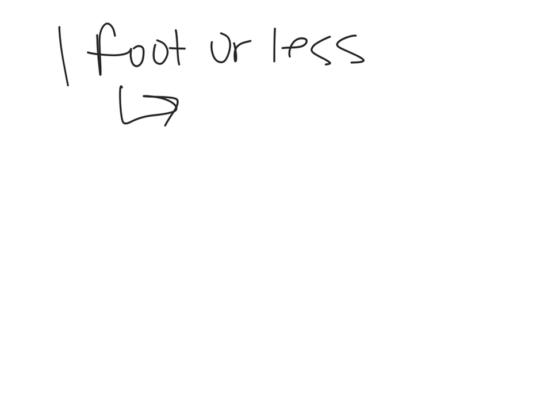So when we try to choose the best tool, we're just going to look at how long we think an item is, compare it to our benchmarks, and if we think an object is 1 foot or less, we're going to use our ruler, because our ruler will only go up to 1 foot.